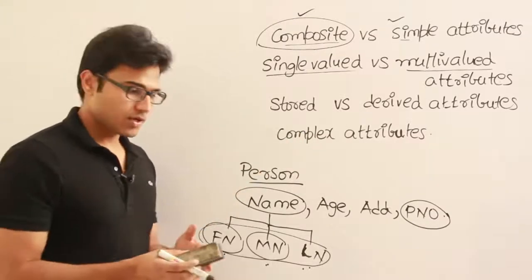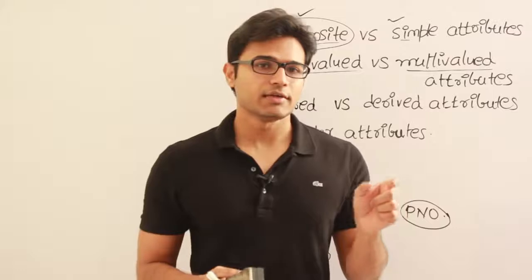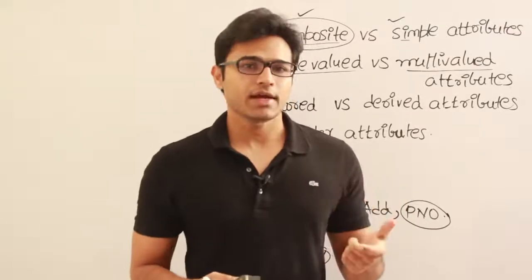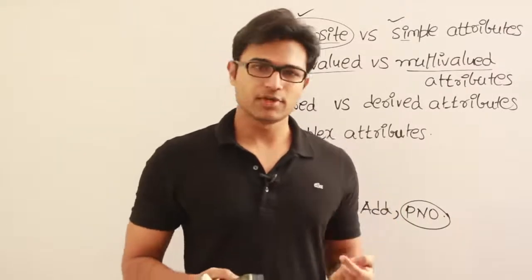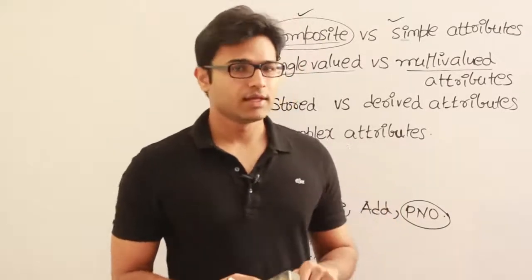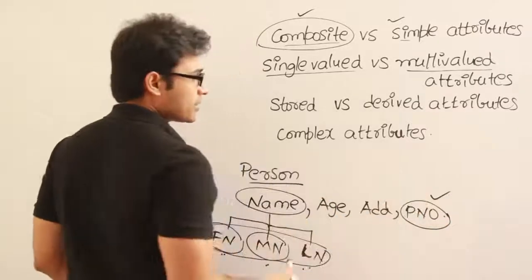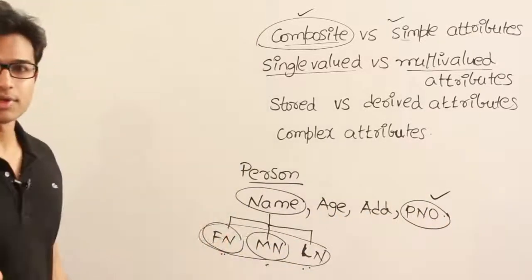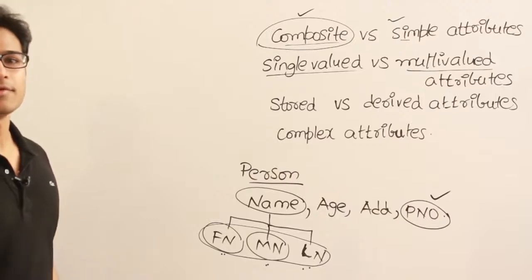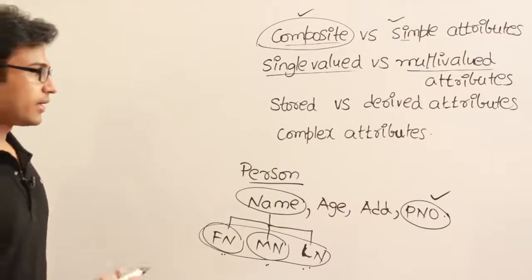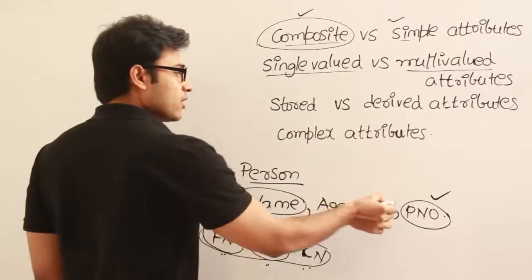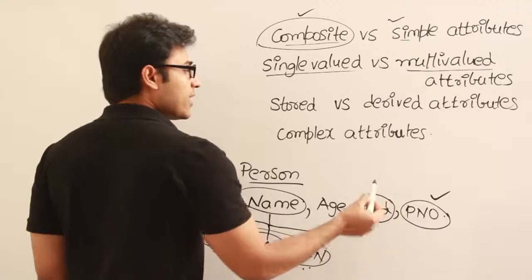Then if you have two phone numbers, that attribute may be defined as a multi-valued attribute, which will take more than one value. So an example is phone number. Or maybe some people may be having two houses, then he must be having two house addresses, right? Therefore an address can also be a multi-valued attribute.